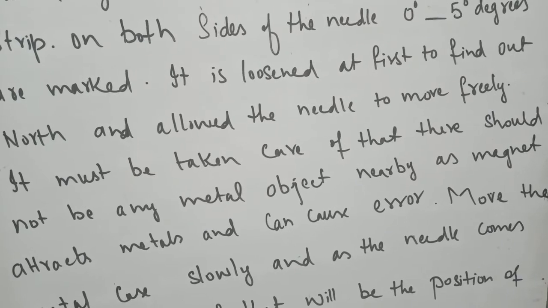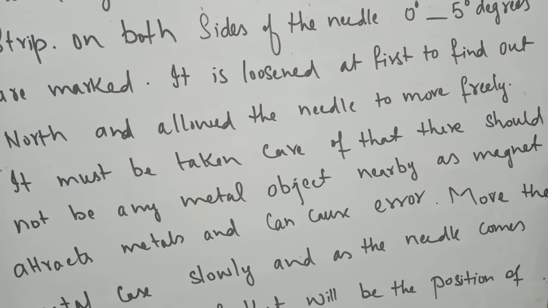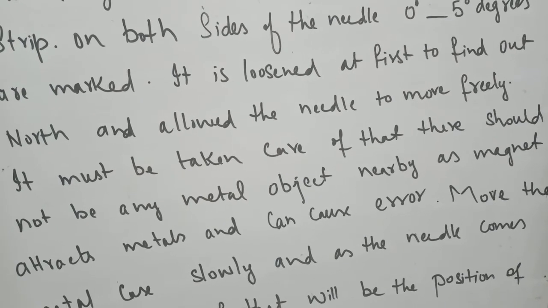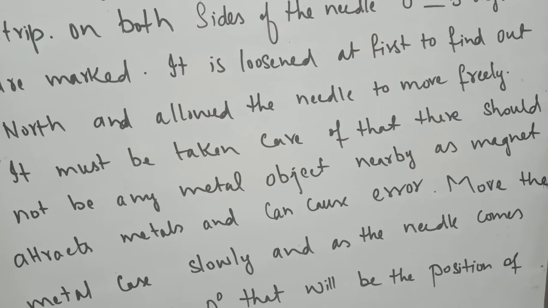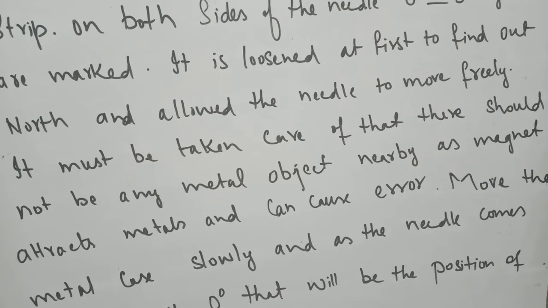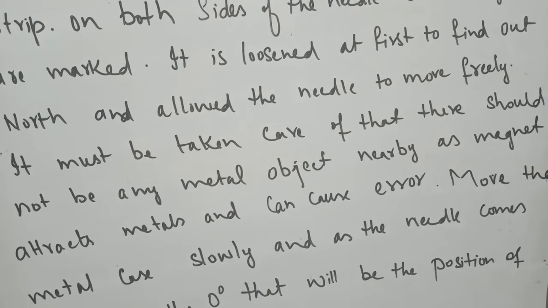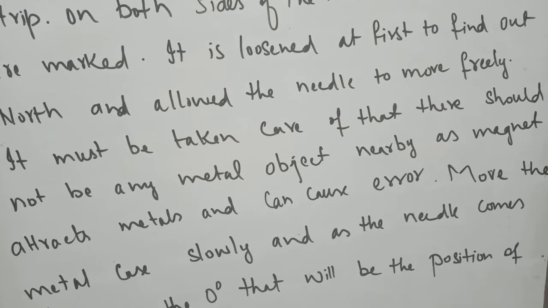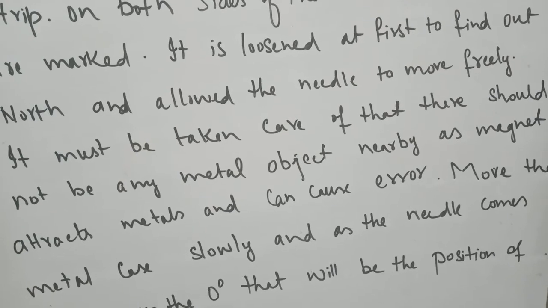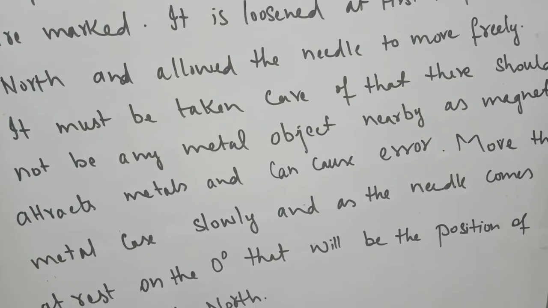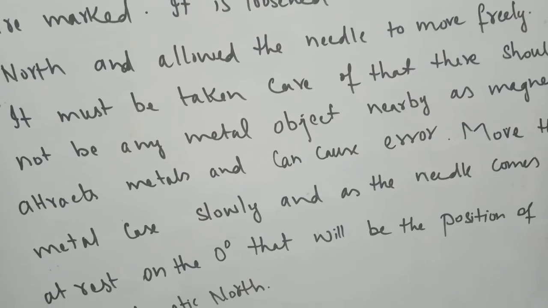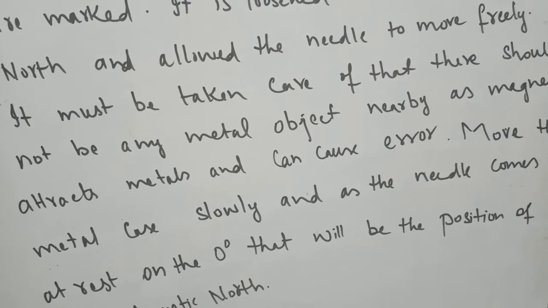When we remove all the metals nearby, the readings will be more accurate. Now what do we need to do? We need to move the metal case very slowly, and the point will come when the needle starts resting at one point, and that must be 0 degree, and that position will be the magnetic north.